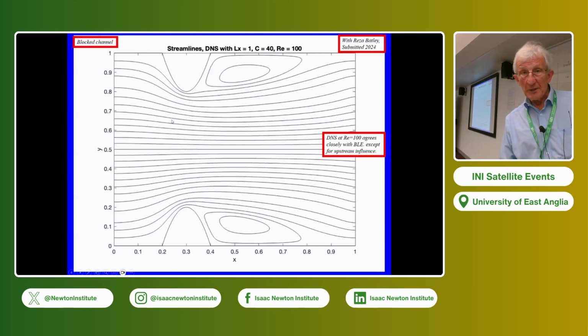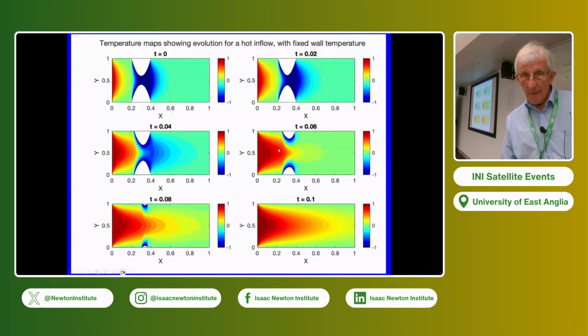So that's a sort of starting flow, beautiful eddies downstream of the ice. And this is what's predicted. This is from solving the boundary layer equations again, but from wall to wall, and using a Prandtl-like transposition to handle the unknown shape of ice.